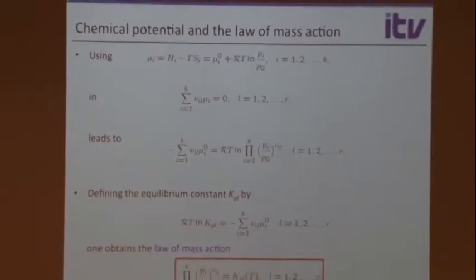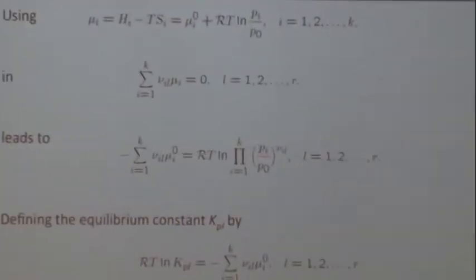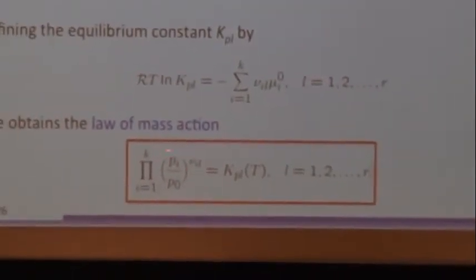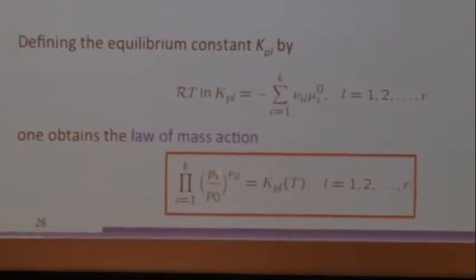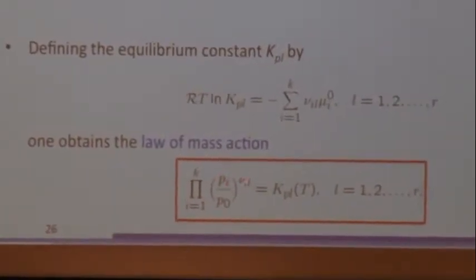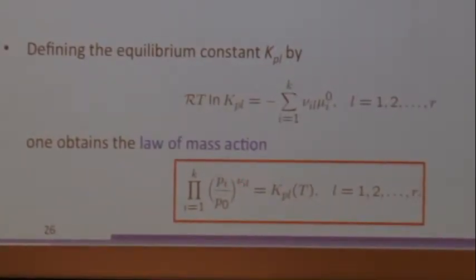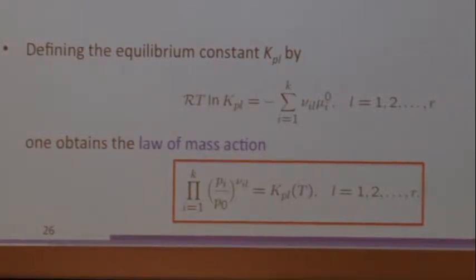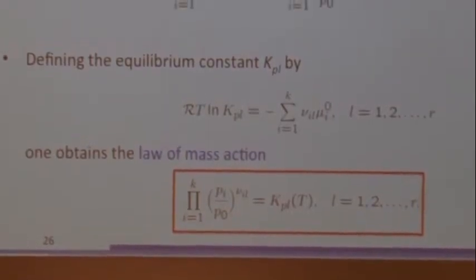And you see these are, in a sense, partial pressures of reactants and products. This is to the power of the stoichiometric coefficient, which is positive for one and negative for the other.